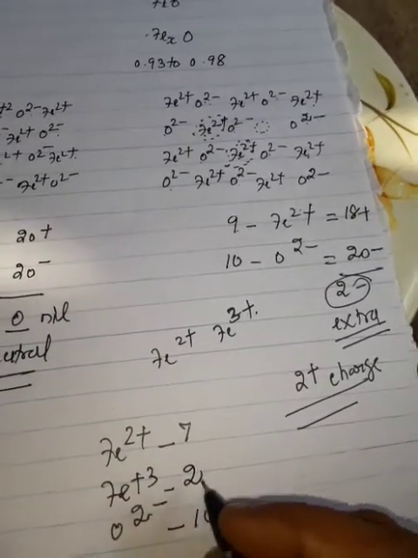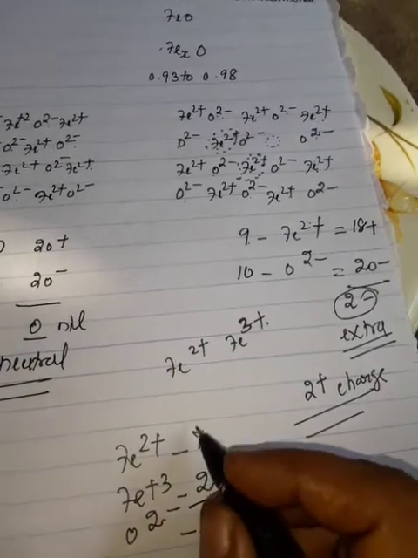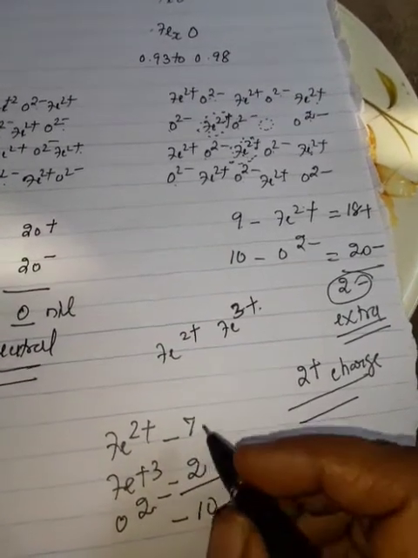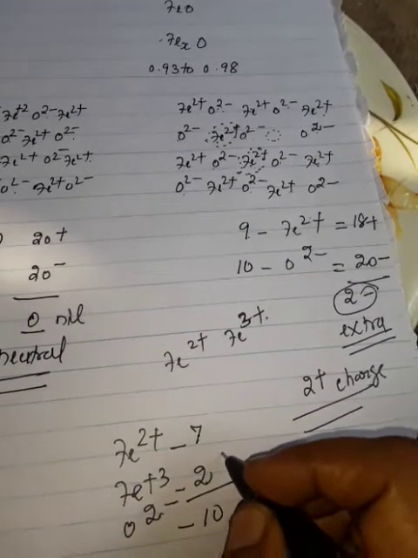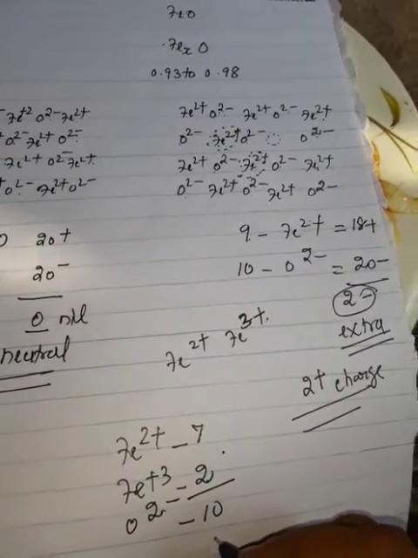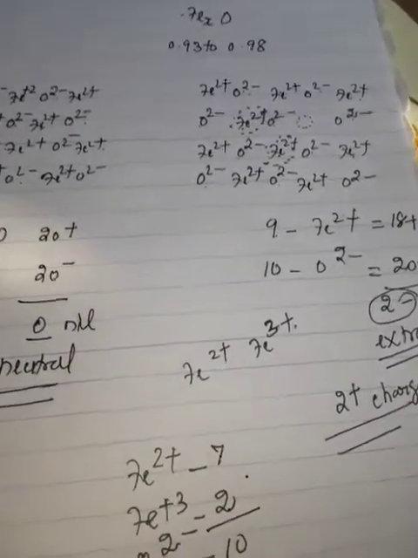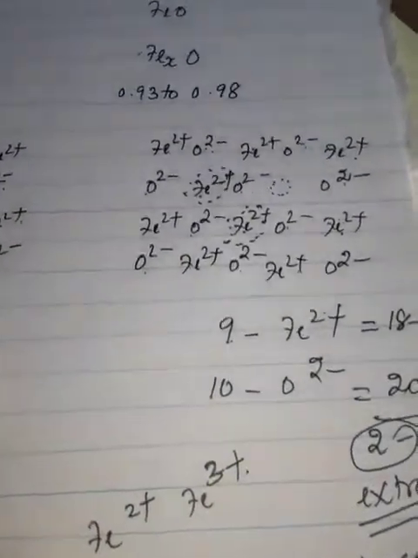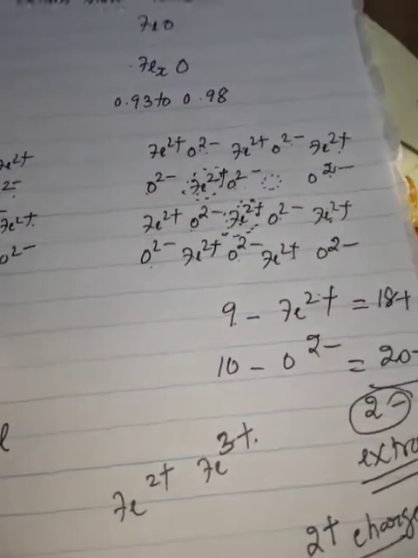So here the number of positive ions is less only. Here 7, here 2, 9 only, but here 10. Whether it is balanced or not, the charges of Fe2+ and Fe3+ are balanced.